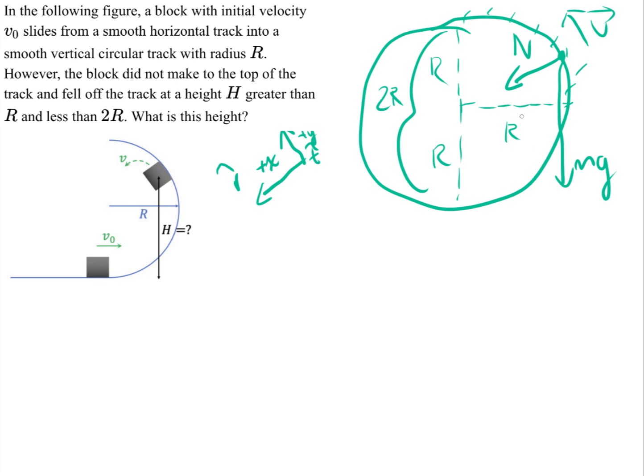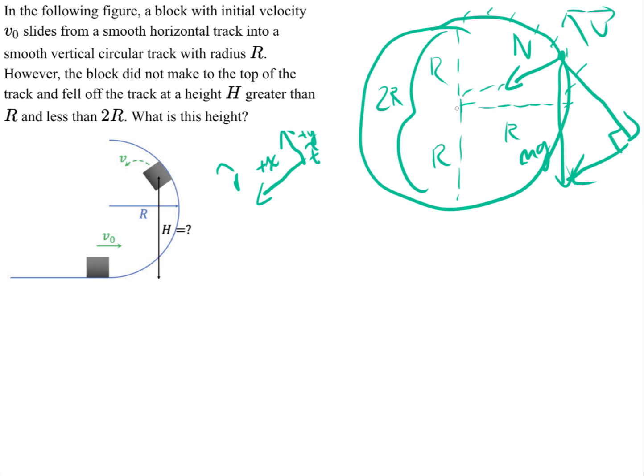So we can decompose gravity into a tangential component. So I'm going to actually move this inside. Decompose gravity into a tangential component and a radial component pointing towards the center of the circle. So these two will form a right angle.